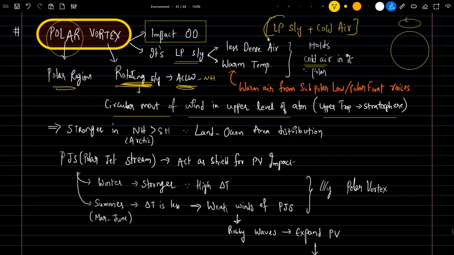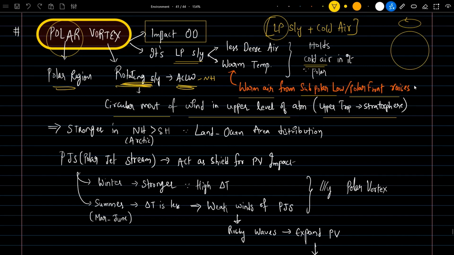So why is low pressure forming? As it is a cold region, generally it should form a high pressure, right? So why is it forming a low pressure? The simple reason is that warm air from the subpolar low or polar front rises, and a low pressure system is formed in the upper layers of atmosphere.